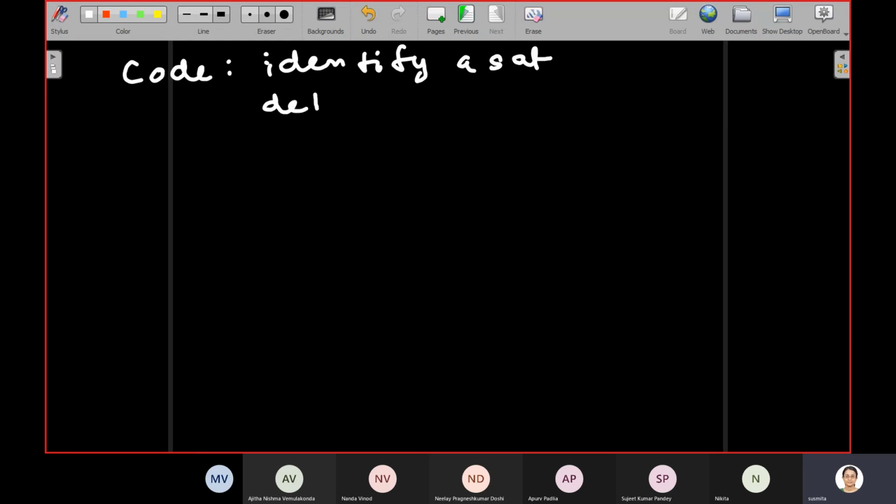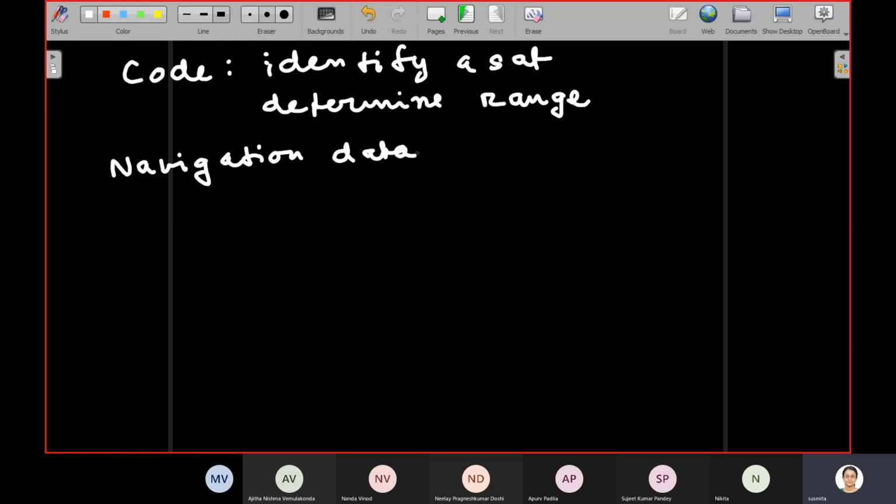Second is determine range. Okay. And I think for the time being we will note only these two properties. Okay. Then the second component is called navigation data. Navigation data is also a series of plus minus ones.